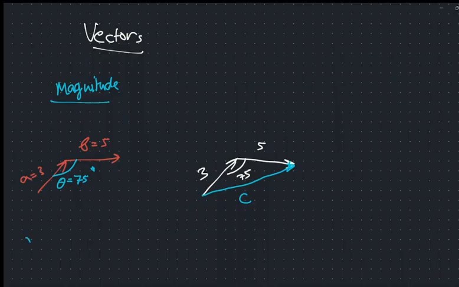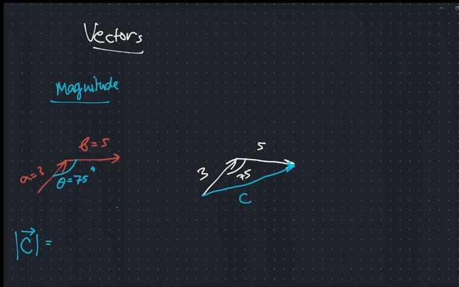So the magnitude of C is represented by C inside an absolute value, or some people call it a modulus, right? The magnitude of the vector C, in this case, because this triangle is not right, we have an angle of 75, not 90, is going to be found using the cosine theorem. So let's represent it using the variables at first, and then we will substitute with numbers.